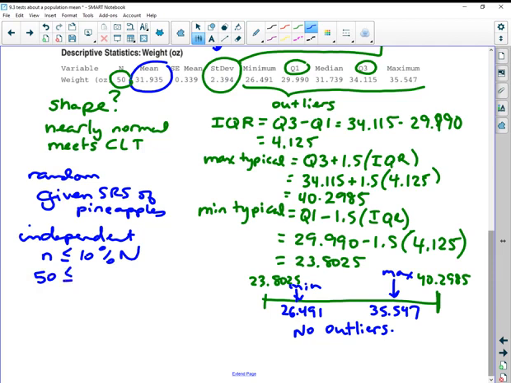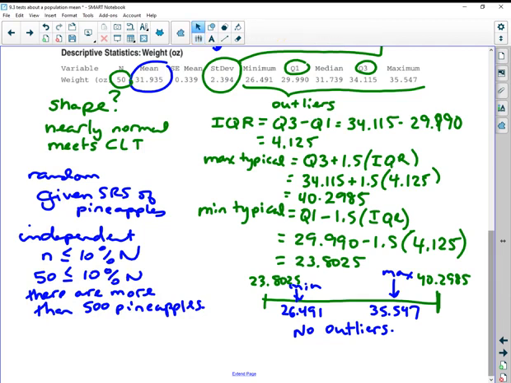I would say there are more than 500 pineapples in the field. I mean, how are they a business and making good money if they don't have more than 500 pineapples?